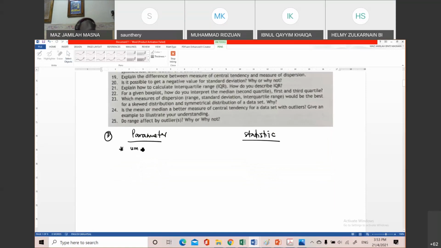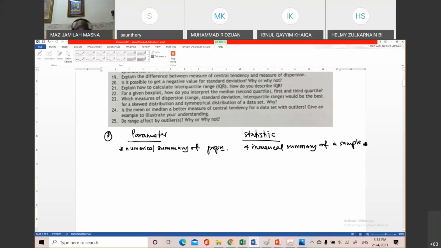A parameter is a numerical summary of a population. Okay? And a statistic is a numerical summary of a sample. Yes.